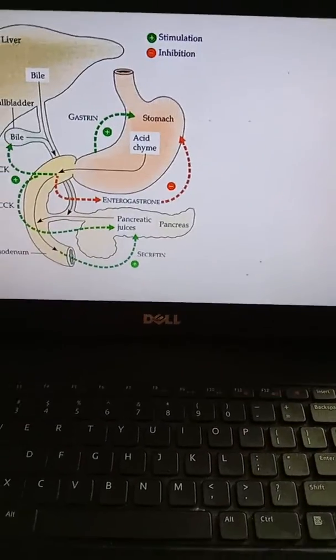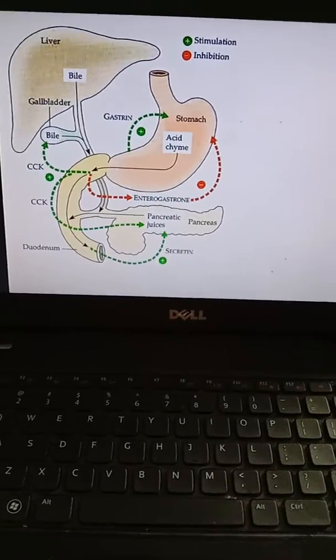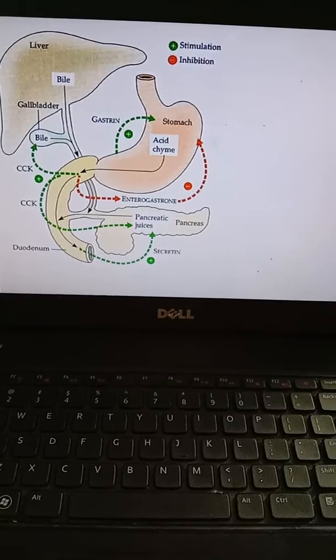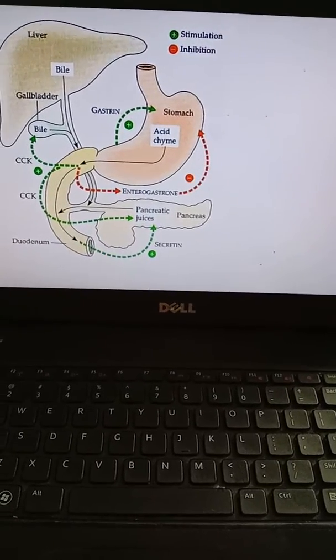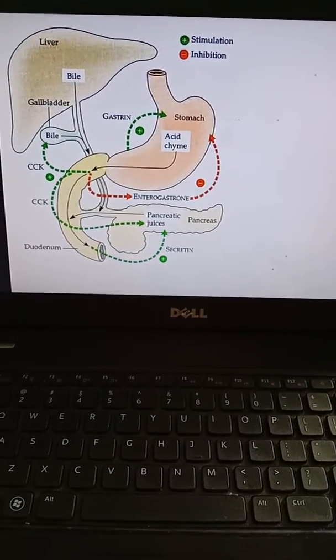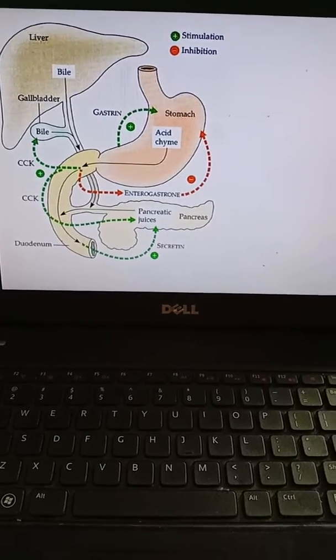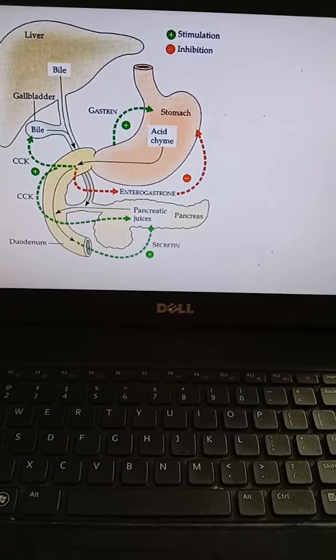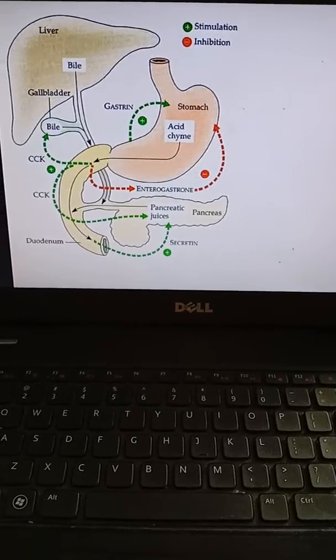Next, see, this is the diagram where stimulation occurs by the green sign and inhibition occurs by the red sign. So the digestion of lipids goes on until they are completely digested by the pancreatic juice. In the stomach, you can start here.